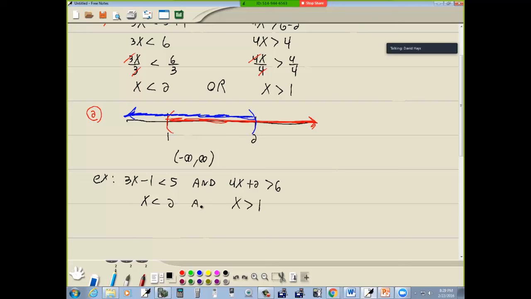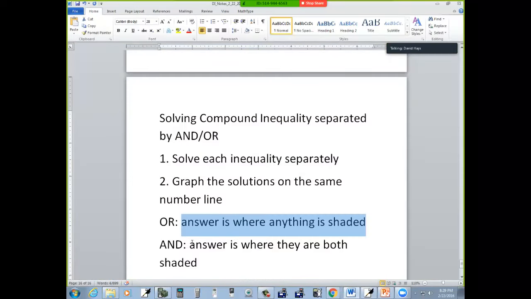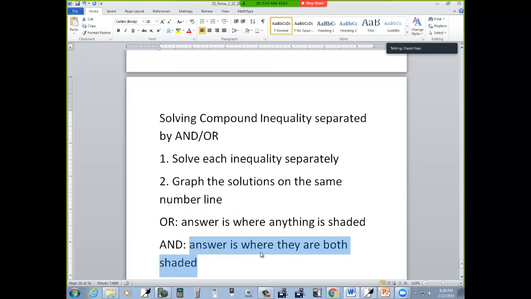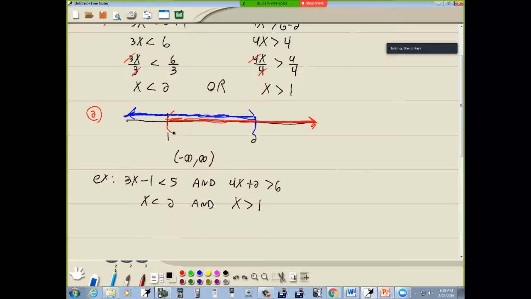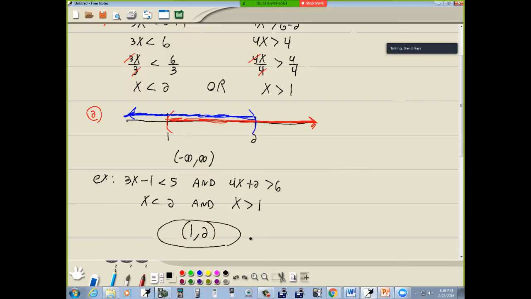The difference will be there'll be an AND in here. So if we look at our graph then, for the AND, our answer is where they are both shaded. Well, they're both shaded between 1 and 2. So parentheses on the 1, parentheses on 2. That would be our answer for the AND. And this is our answer for the OR.